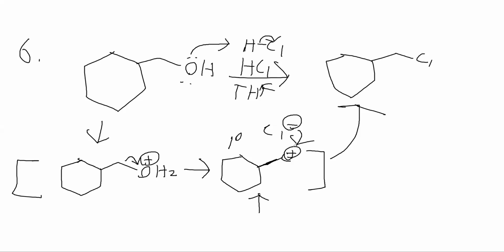So the stability of the primary cation is why this reaction with hydrochloric acid or hydrobromic acid on a primary alcohol doesn't work very well because of this intermediate. So intermediate forms slow.